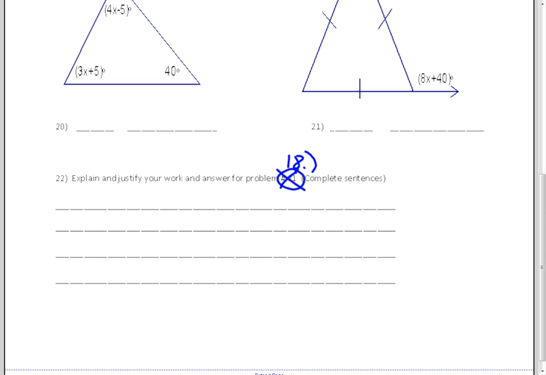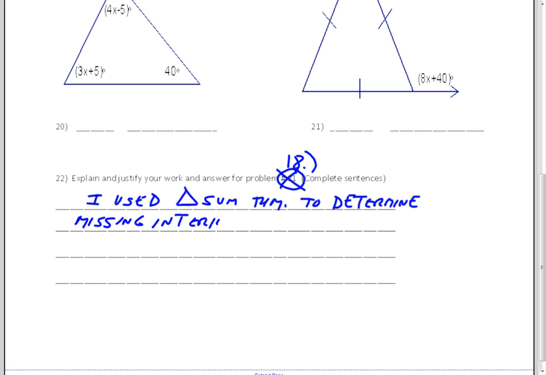So I could explain this by saying: I used triangle sum theorem to determine the missing interior angle. Maybe I'll just write down 142 degrees.